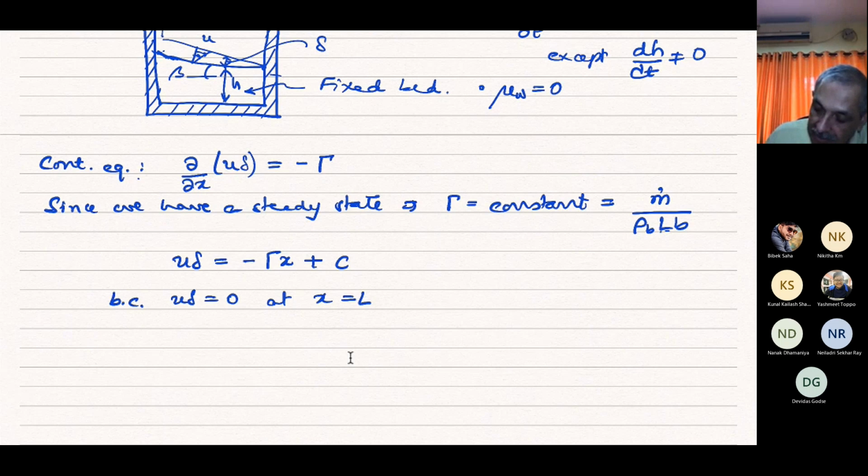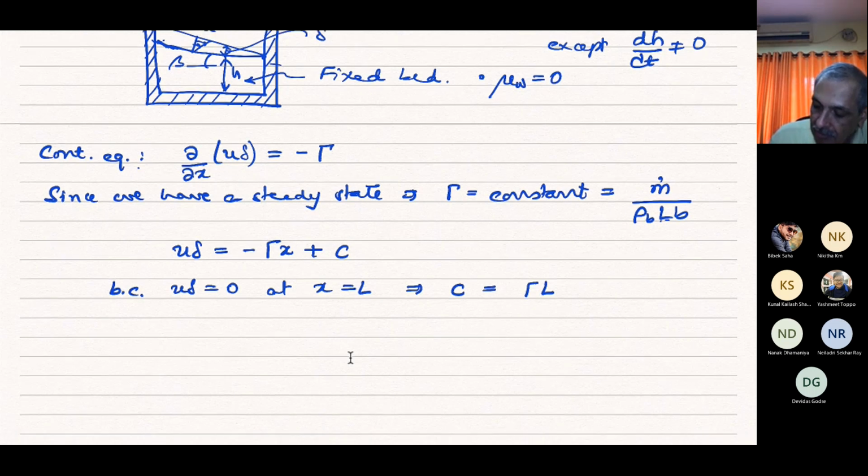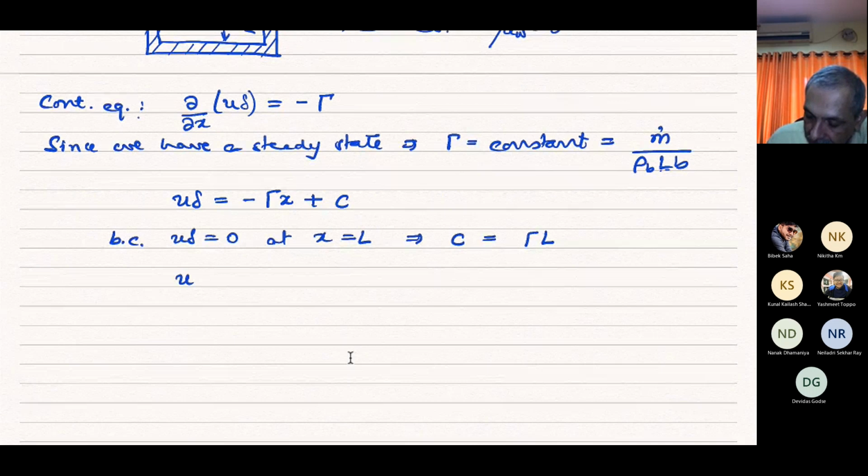So if that is the case, then what we get is the constant C is just equal to gamma times L. So we finally get that u delta is equal to gamma, that is the rate of deposition, into L minus x. So this is nothing very great.